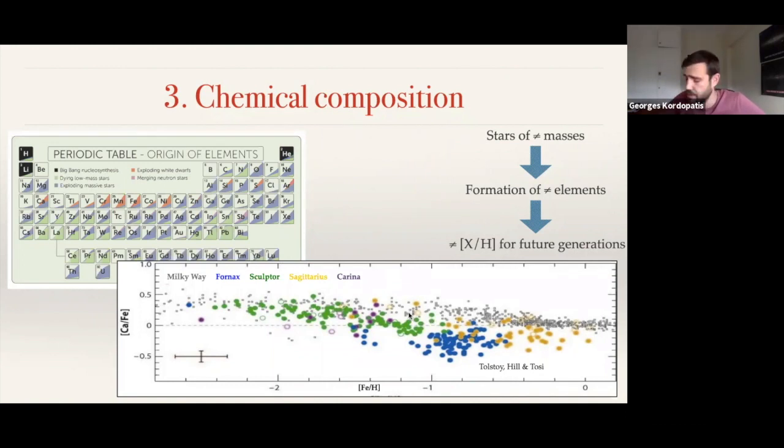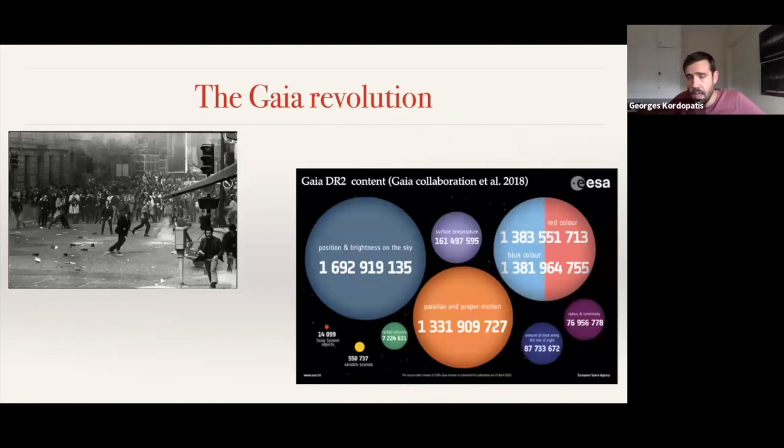typical Milky Way stars. And so in that context, Gaia is a true revolution for galactic archaeology because, so the second data release, at least, that got published back in April 2018, has published the sky positions for more than 1.6 billion stars. You have the colors and the parallaxes for more than 1.3 billion stars.